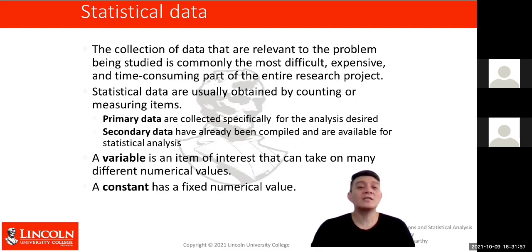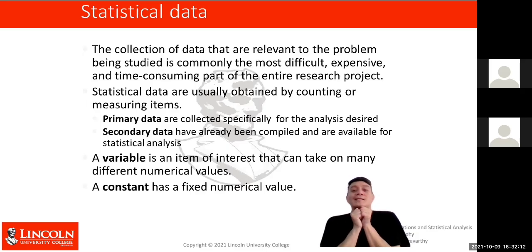So, statistical data is the collection of data that are relevant to the problem being studied and is commonly the most difficult or expensive and time-consuming part of the entire research project. So, let's say you are a qualitative researcher and you don't have so much statistical data.